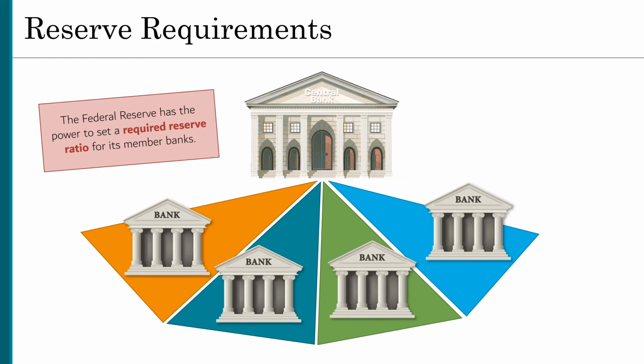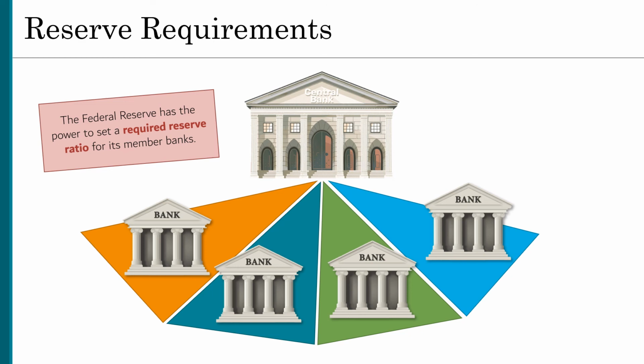And so, the first important tool that the Fed has to influence the money supply is the required reserve ratio. The Federal Reserve has the power to set a minimum reserve ratio that all banks must adhere to. This not only helps ensure that banks keep a large enough fraction to handle a potential run where lots of depositors demand their money back, but also allows the Fed to keep control of the money multiplier.